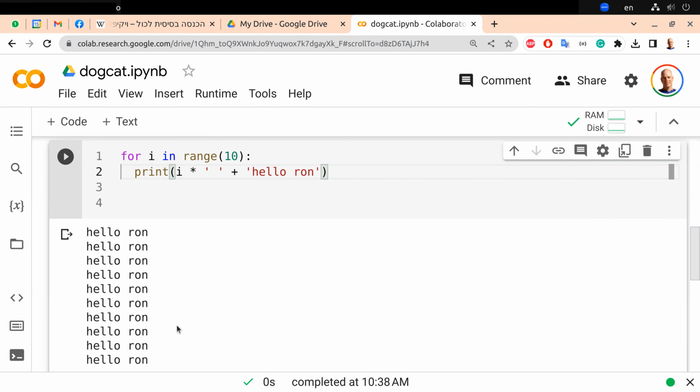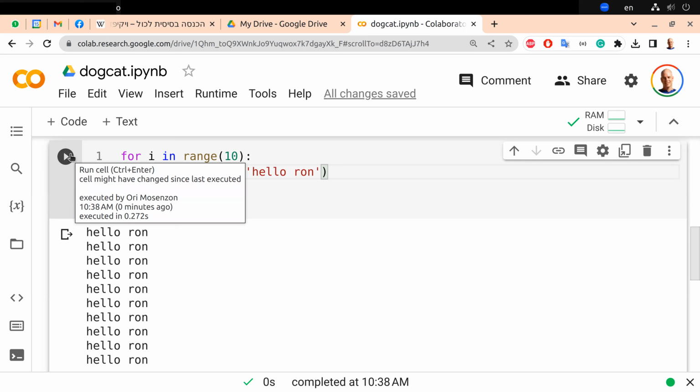This is not what I've done. I want to know what you've done. Star is product, right? Times. Yeah, it's a product, but it's a product of a string with a number. It's concatenating this string, not the number. Yes, that's what I thought. So we'll say hello Ron, hello Ron, hello Ron.